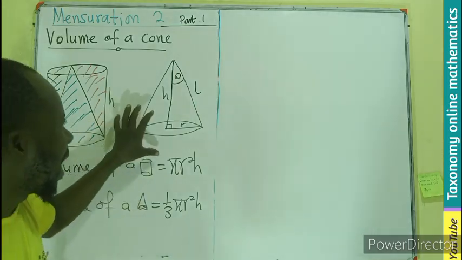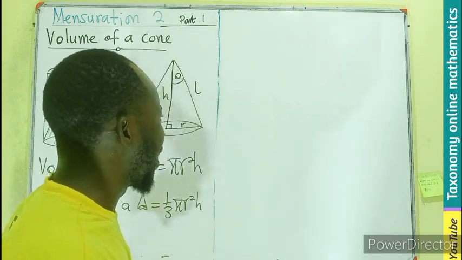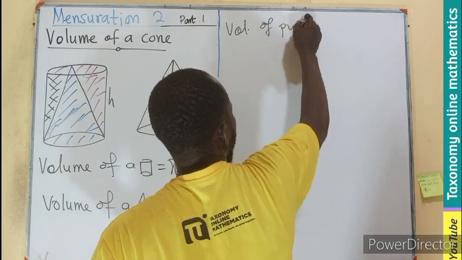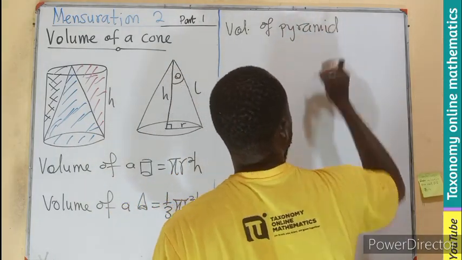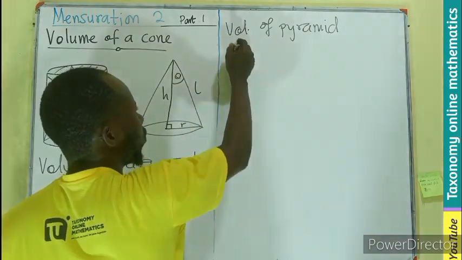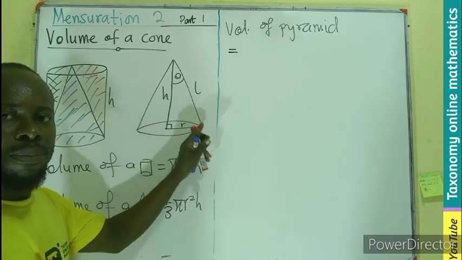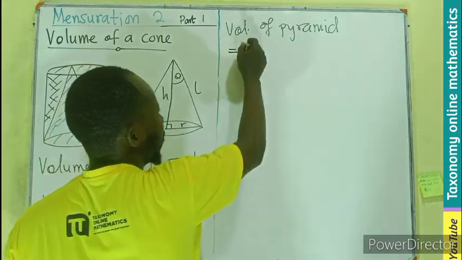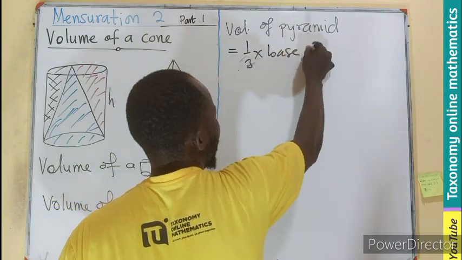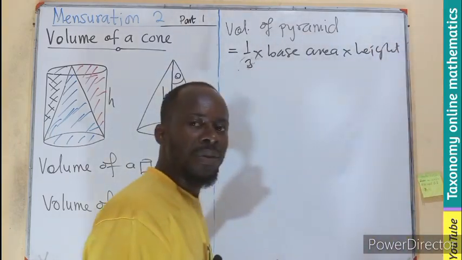Now, if we consider a cone as a pyramid, if you are finding the volume of a pyramid, we know it is equal to 1/3 times the base area times the height.